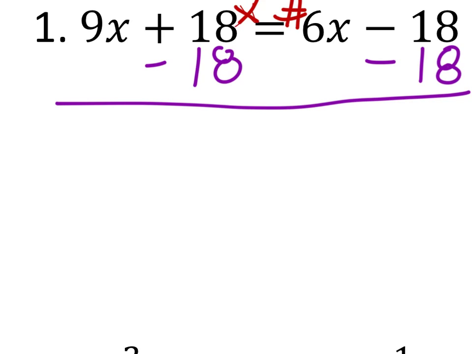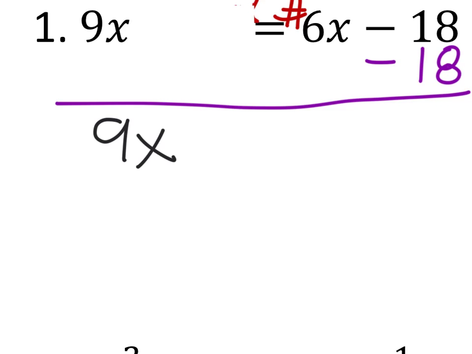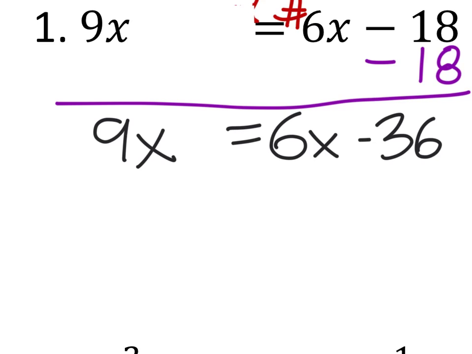So this 18 minus 18, pretty much this just goes away. So let's go ahead and take that away. So you'll see that disappear like this. And what we're left with is we've got this 9x equals 6x minus 36. Now the 6x is on the right side of the equal sign, but we wanted the x's on the left.